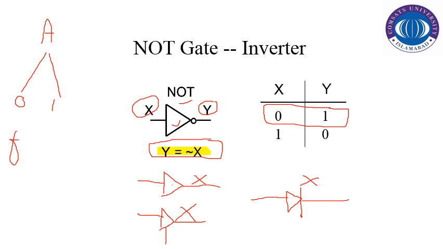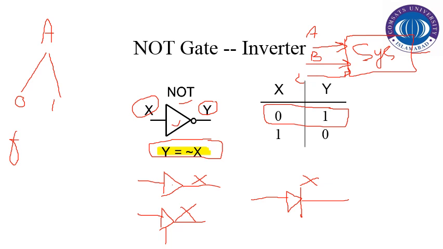For example, we've got a system here that has three inputs, A, B, and C. This is a digital system, and we've got an output that is known to be, for example, D. So basically D is a function of A, B and C.